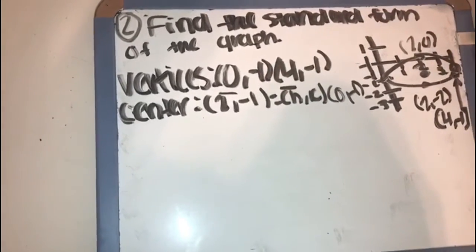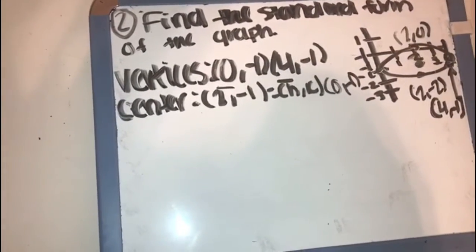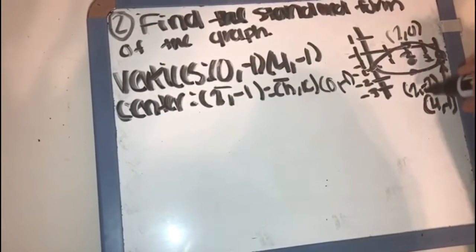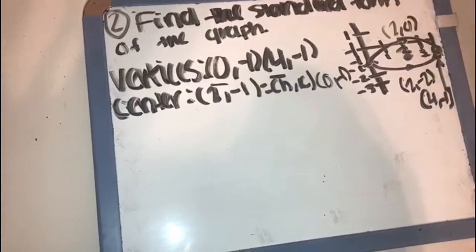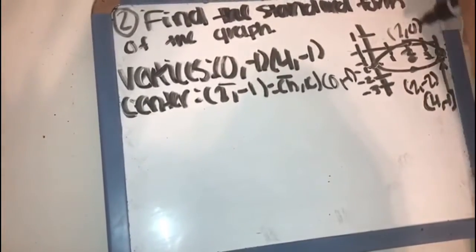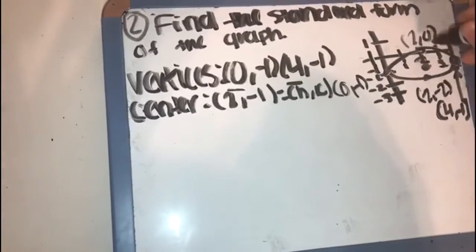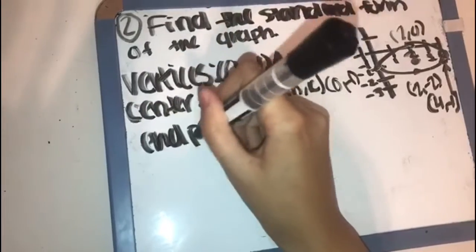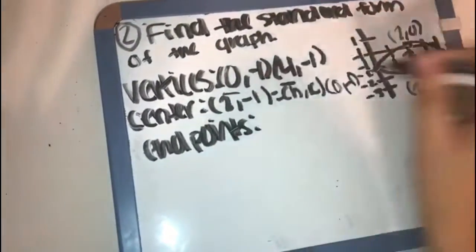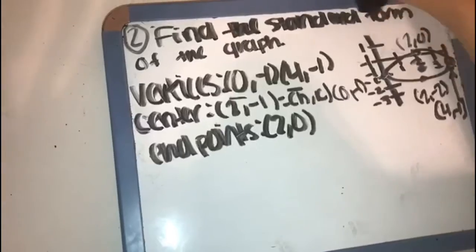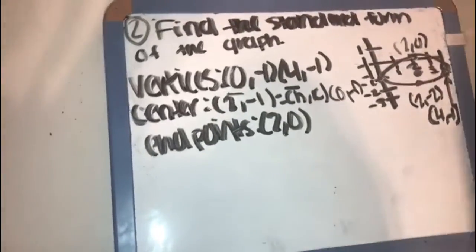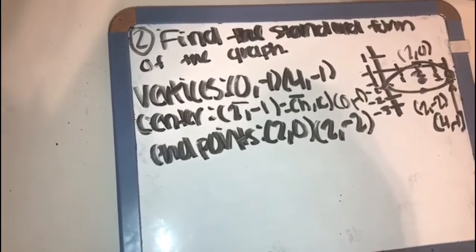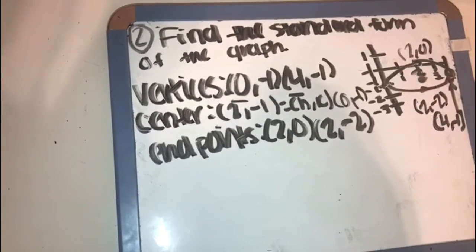Now the endpoints of the minor axis we have right here. The endpoints are 2, 0 and 2, -2. You can kind of see the common sense because these are the endpoints of the minor axis. Now we're just going to find out the a.